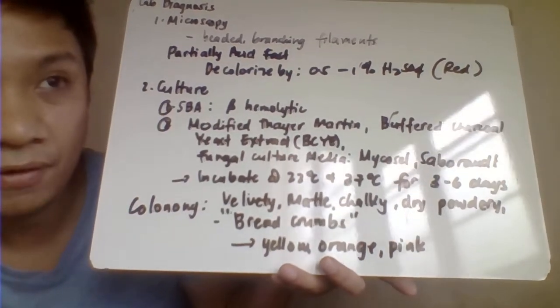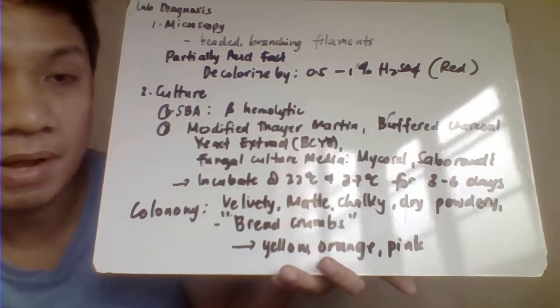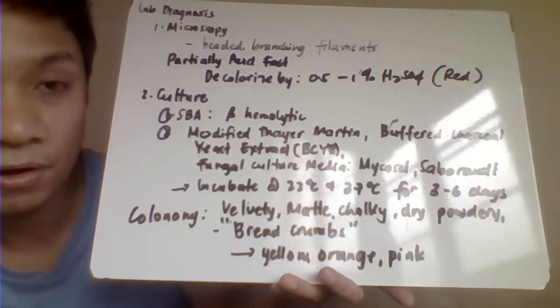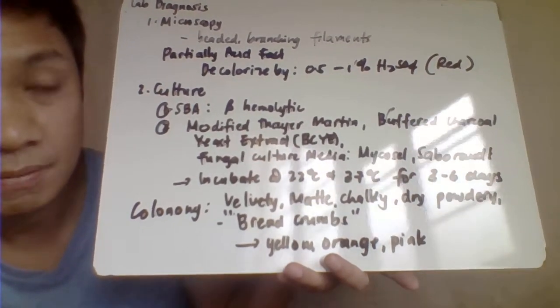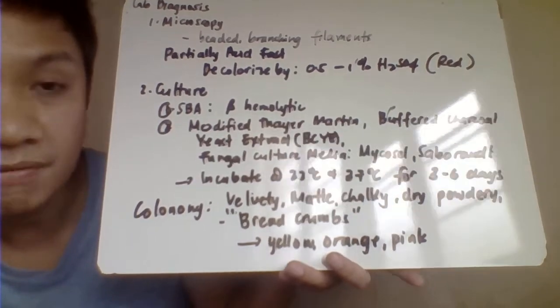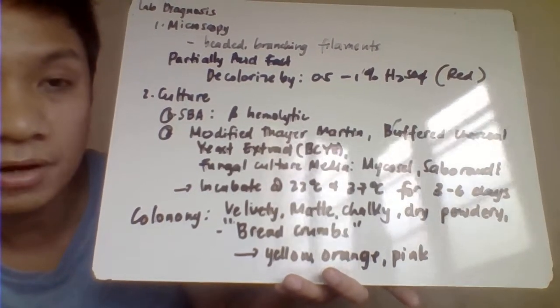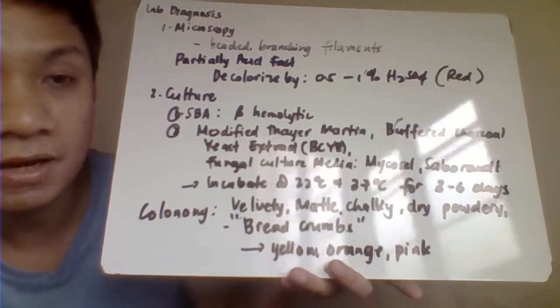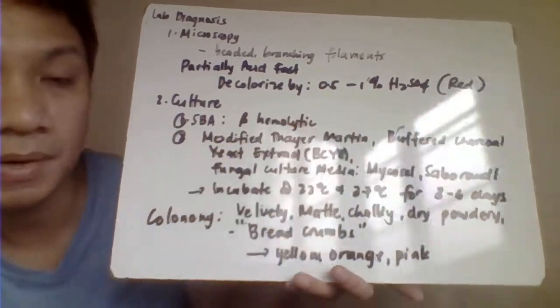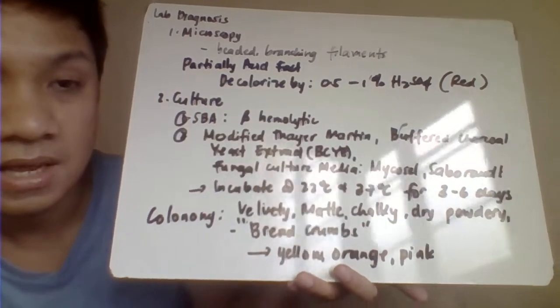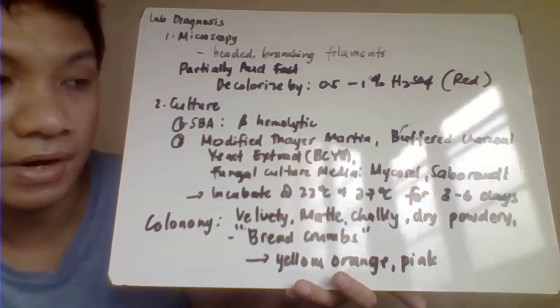Okay, and therefore, that one would retain the primary stain color. It will give a red color. Pag acid fast kasi, ma-decolorize siya ng acid alcohol. Pag nag-add tayo ng methylene blue, magiging blue ang color nito. Therefore, acid fast lang siya, partially acid fast with the weak acid na 0.5 to 1% sulfuric acid.